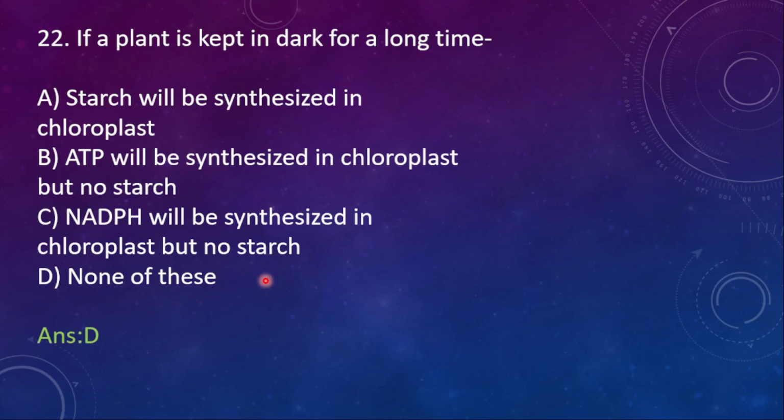So here the option none of these is correct, because if a plant is kept in dark, what happens? If there is no light, there will be no photosynthesis and no products, whether ATP or NADPH. If there are no light reaction products, then there will be no synthesis of starch.